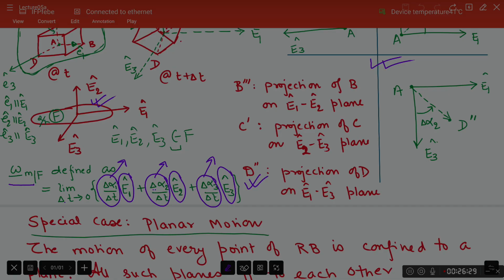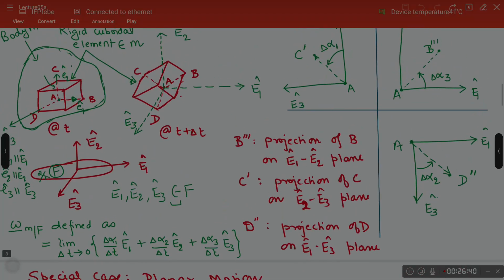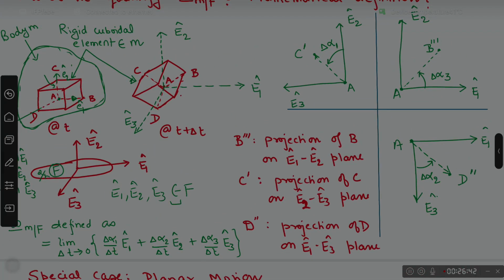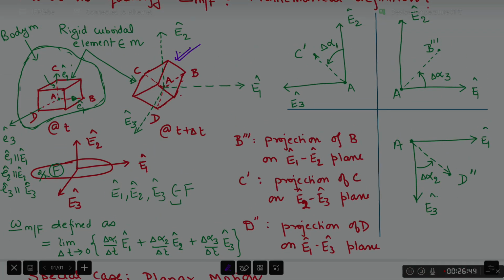This is the precise mathematical definition. This is how we measure the rate at which the orientation of M is changing, with respect to an observer that is fixed to frame F.